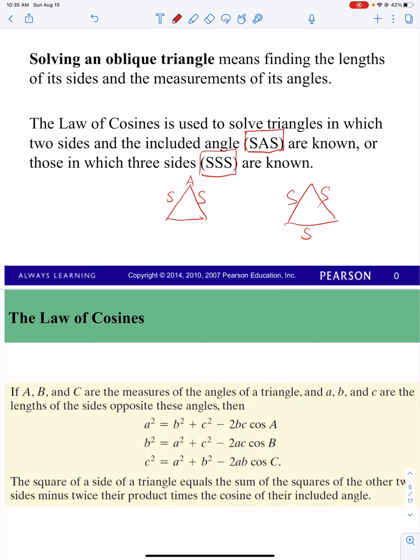In one you know the angle but do not have the opposite side, and in the other you have the side but do not have the opposite angle. So both cases are not applicable to the law of sines.